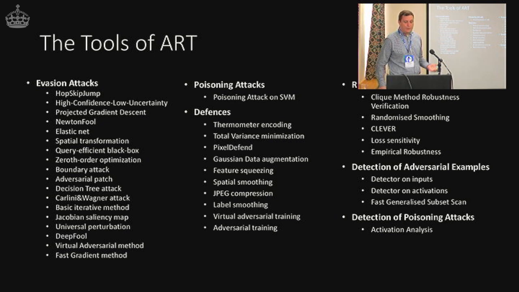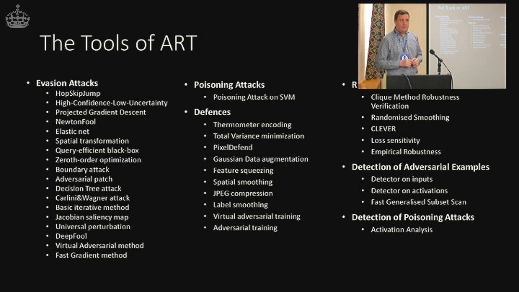Because it's a toolbox, I have here the full list of tools that the toolbox provides. It has a lot of evasion attacks, which are the ones that we discussed before, but there are also poisoning attacks. We have one specifically for support vector machines. Then we have a longer list of defenses, mostly input processing defenses. We also have a large group of robustness metrics.